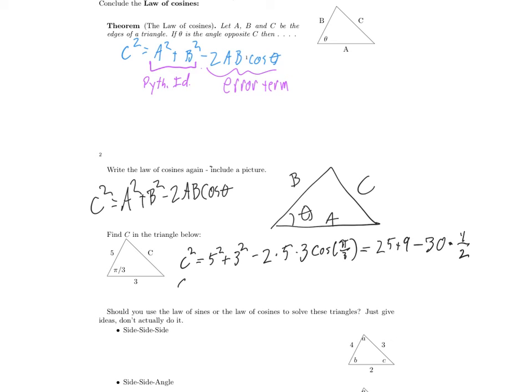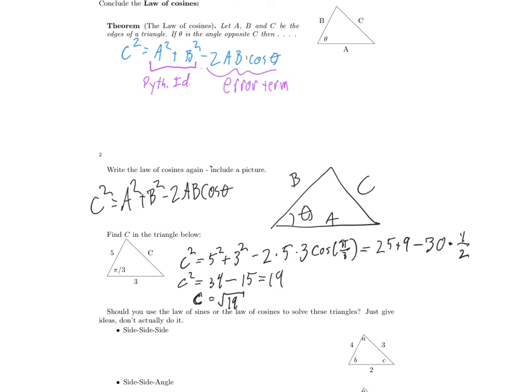So c squared is equal to 25 plus 9 is 34, minus 30 times 1/2 is 15, equals 19. So c squared is equal to 19, so the side length c itself is equal to the square root of 19. Right? It can't be negative square root of 19 because it's a side length in a triangle. It can't be negative.